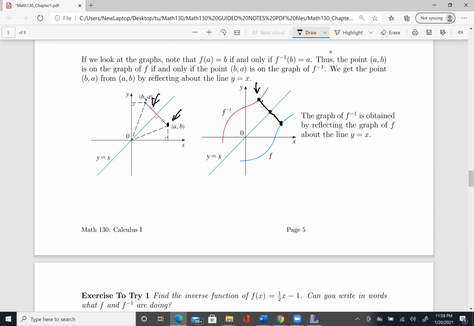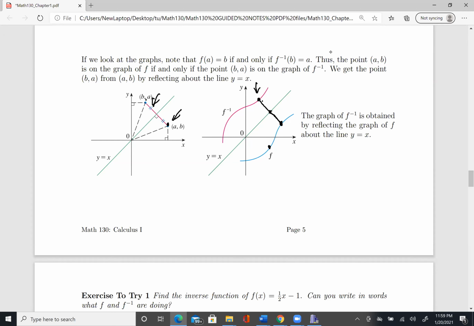Similarly, let's say this point is on f, and if I want to find the inverse point on f inverse, I have to draw the perpendicular line through y equal to x, and then make sure these two segments are equal to each other.